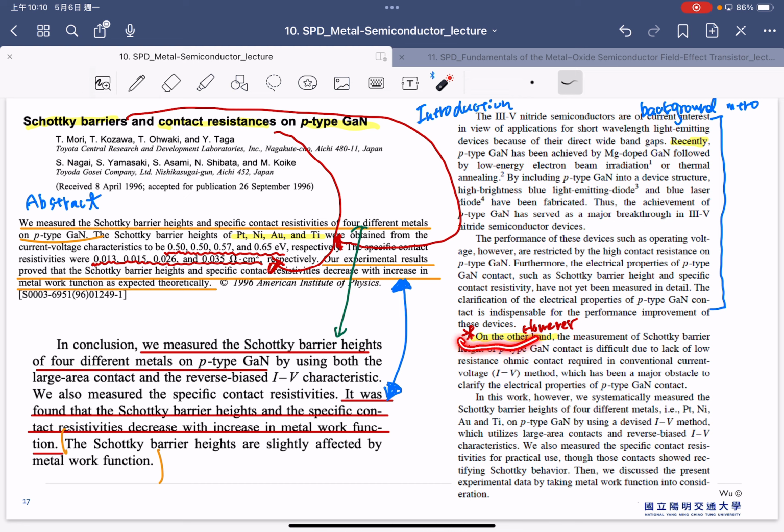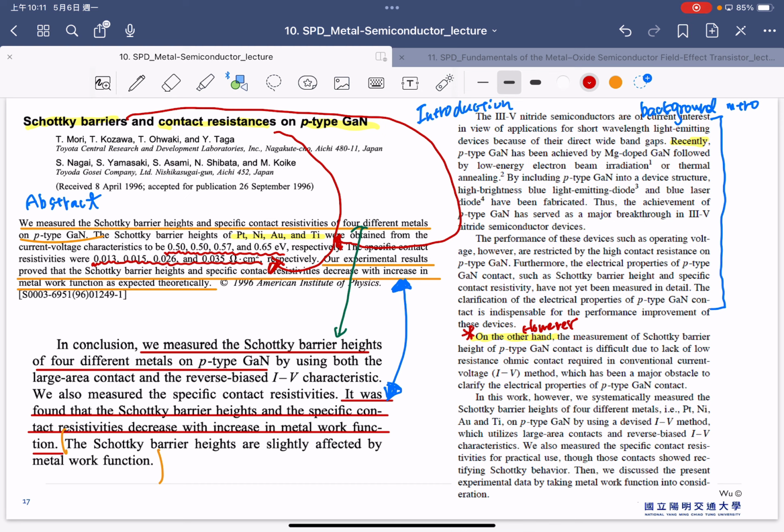So, on the other hand, the measurement of Schottky barrier height of p-type GaN is difficult due to the lack of low resistance ohmic contact required in the conventional IV method, which has been a major challenge to clarify the electrical properties of p-type GaN. So now you can see all these sentences mention that there are still many challenges in p-type GaN, and we still face a lot of difficulty in obtaining the correct Schottky barrier height or ohmic contact resistance.